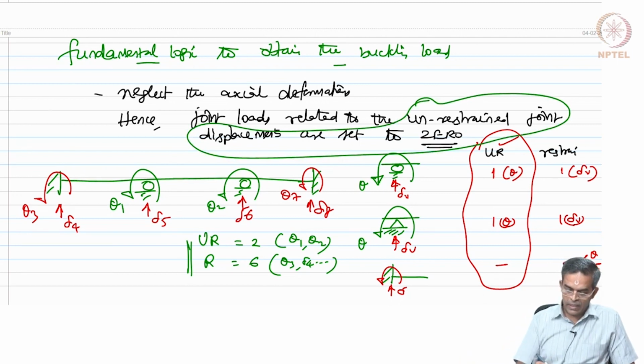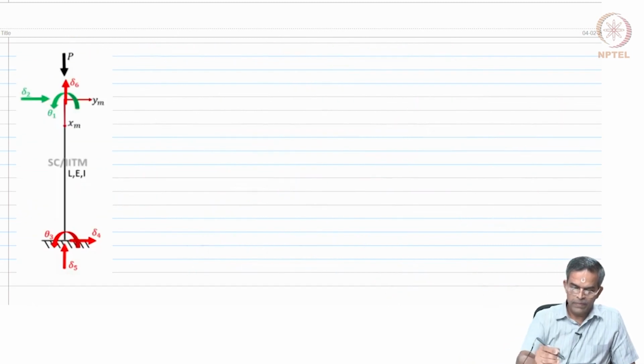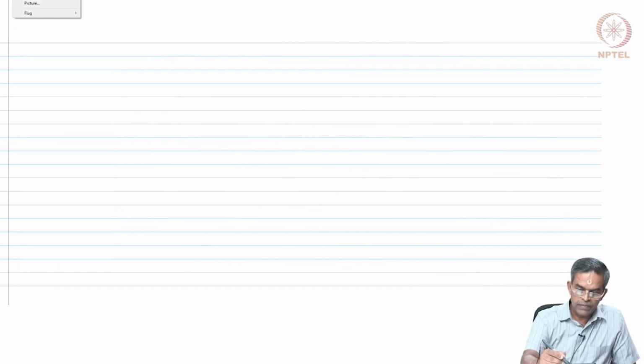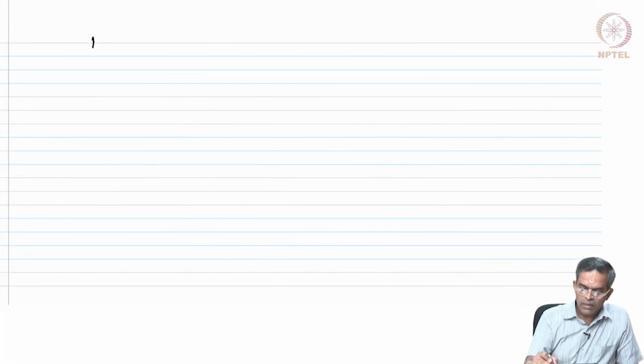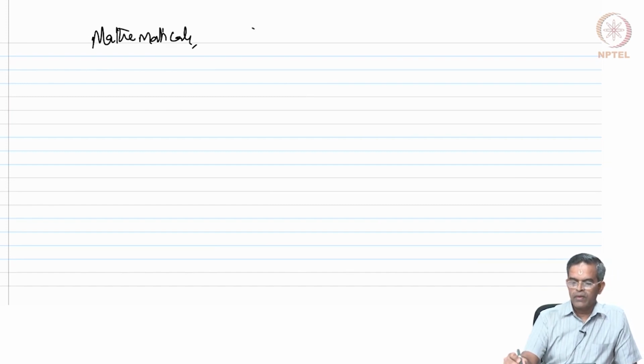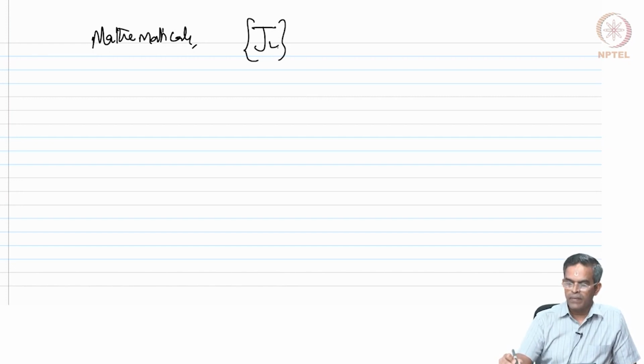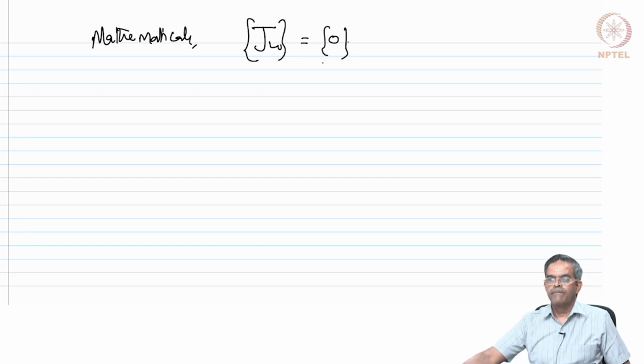So, mathematically, the joint load unrestrained should be set to 0. Okay.